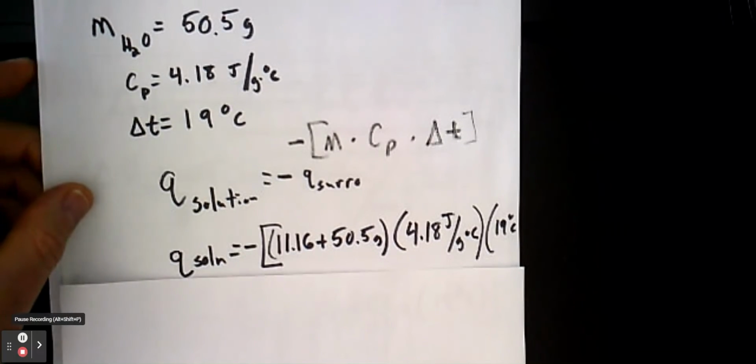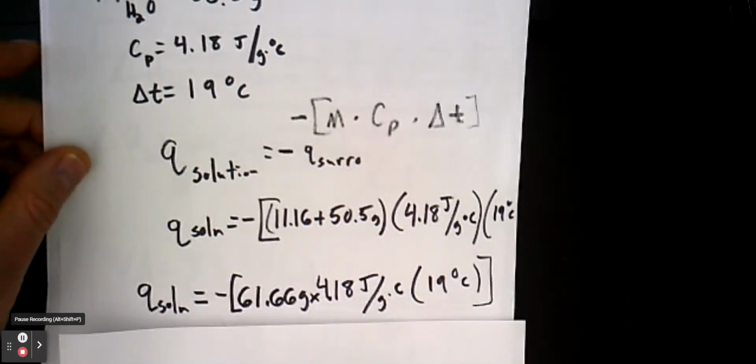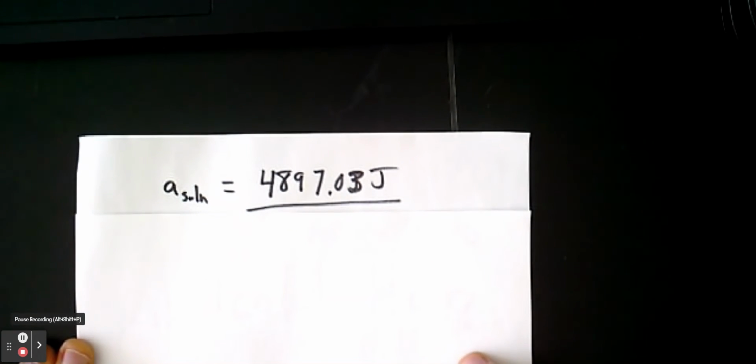When I multiply those all together, I get that many joules. Now this should be negative.